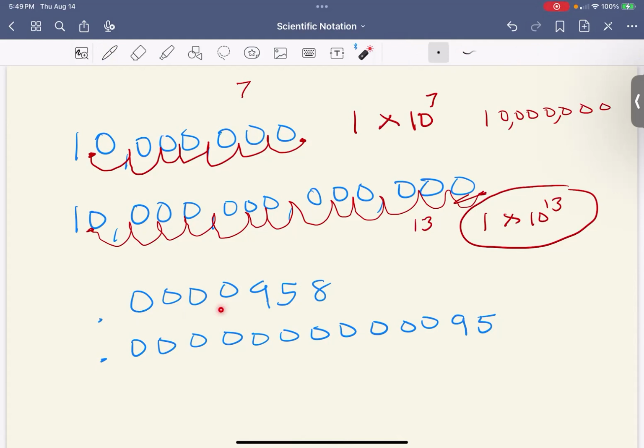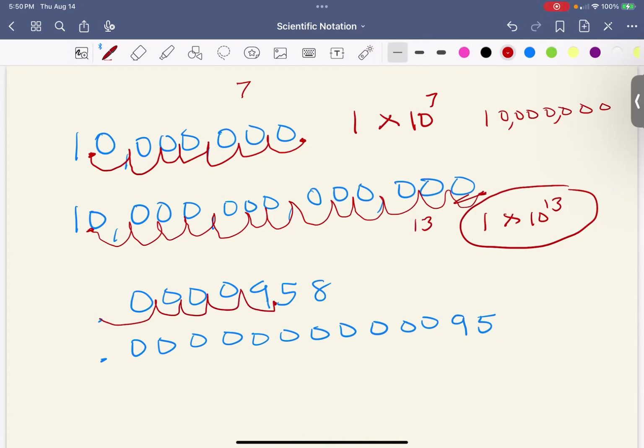So this is smaller than 1, much, much smaller than 1. So we start at the decimal and then we move to the right until we reach the first whole number. So let's do this. So we have 1, 2, 3, 4, 5.